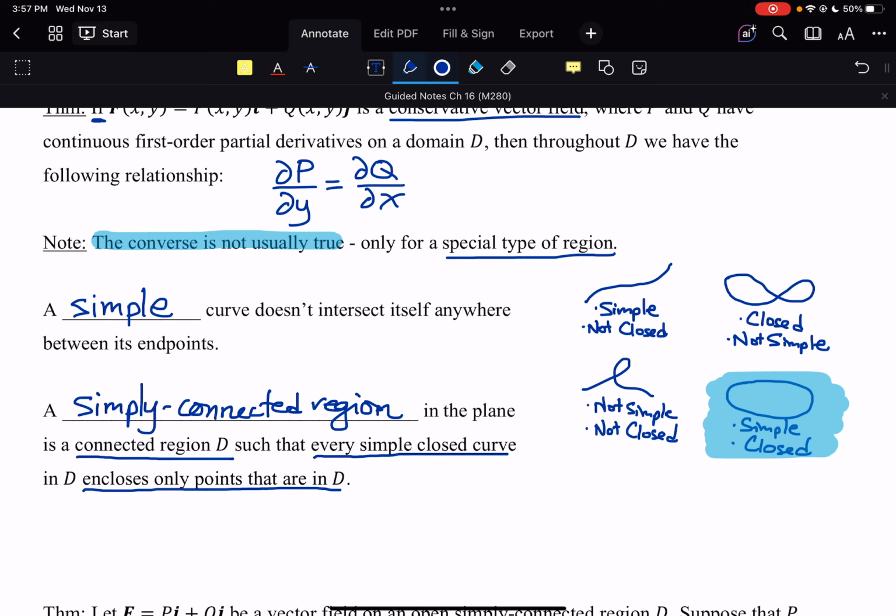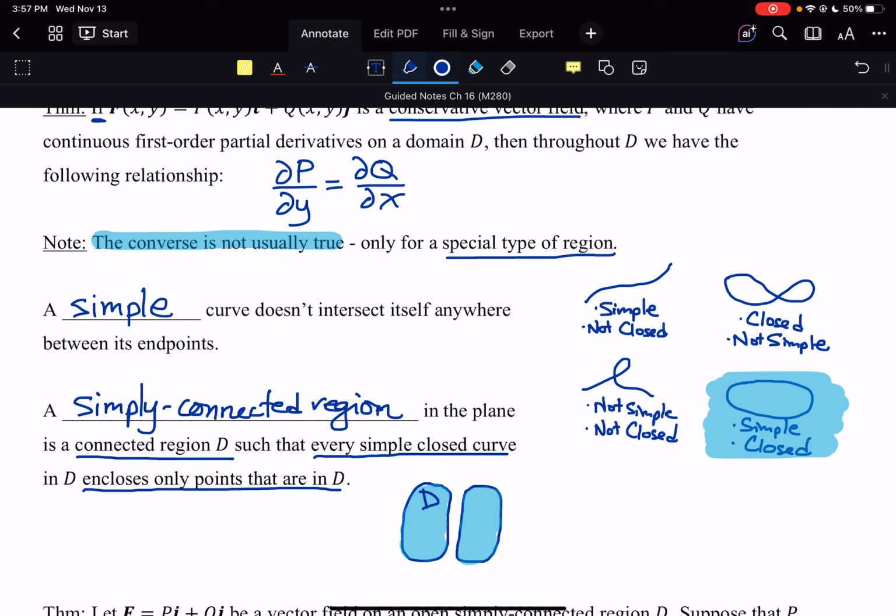So let's look at a couple examples here. If we had something like this, so we've got these two pieces here.